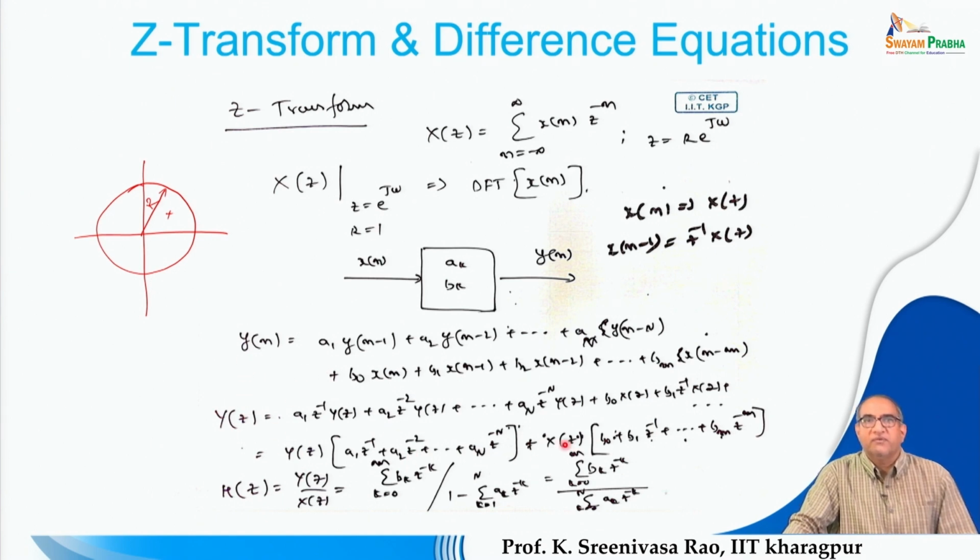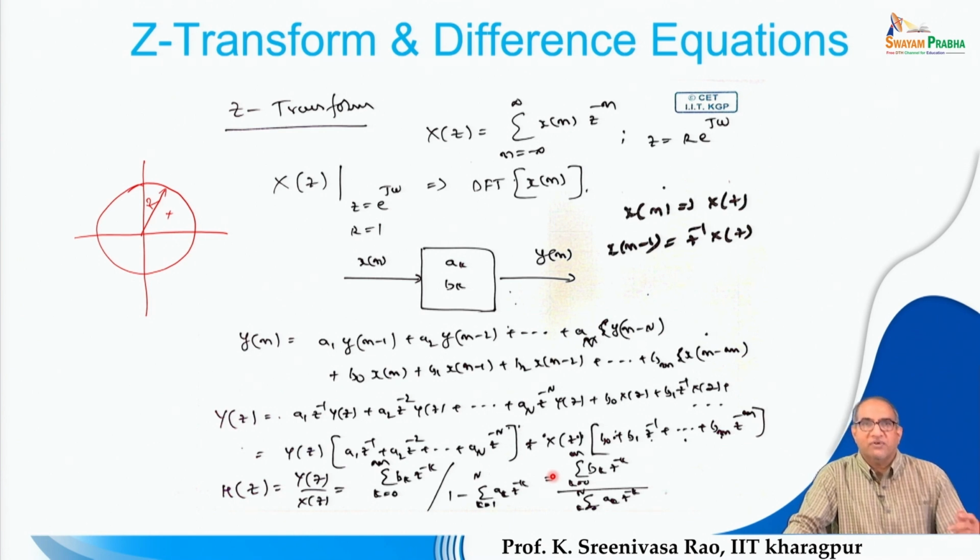Then by rearranging y of z and x of z, you compute h of z, which is nothing but y of z by x of z. If you look at it, you have a polynomial in the numerator and a polynomial in the denominator, right.